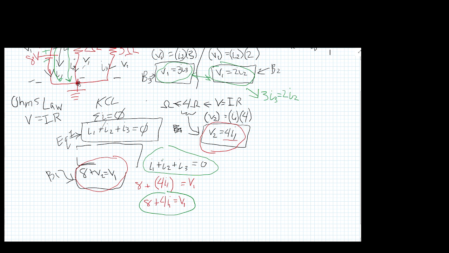Anyways, let's use this equation now. So here, if we divide both sides by 3, we get I sub 3 equals 2/3 I sub 2. Feels like I'm missing an equation or something.